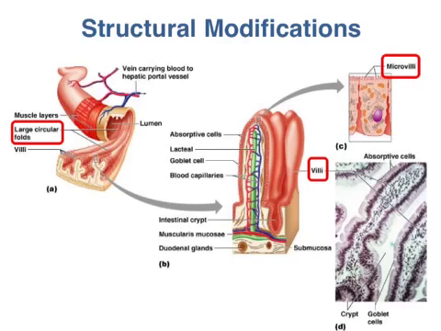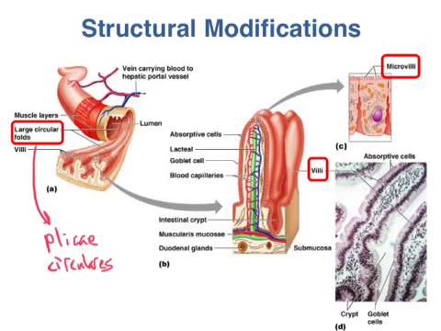Since almost all absorption happens in the small intestine, it is highly modified in order to absolutely maximize the efficiency of absorption. You have these large circular folds called the plicae circulares. These are deep folds involving both the mucosa and the submucosa. They're permanent, so unlike the rugae in the stomach, they don't disappear.